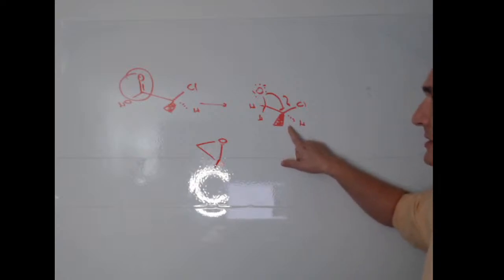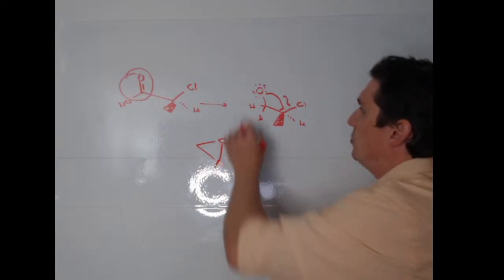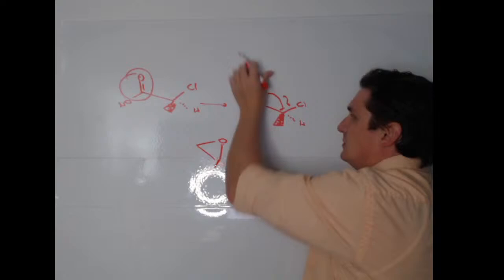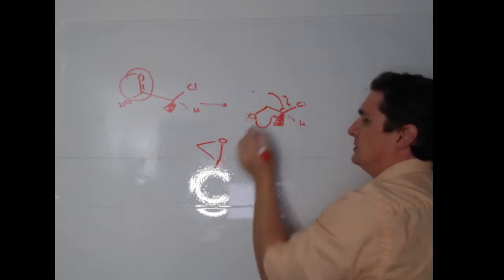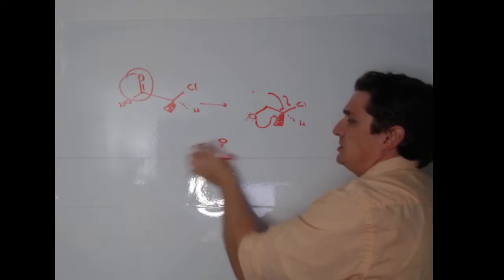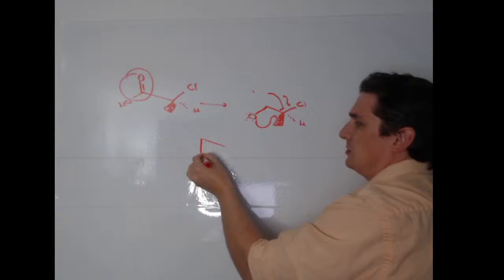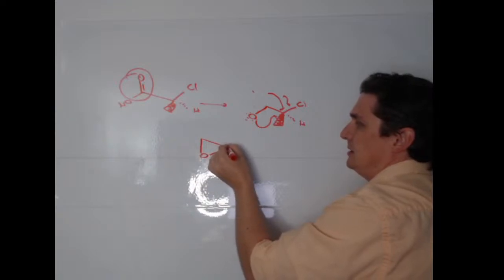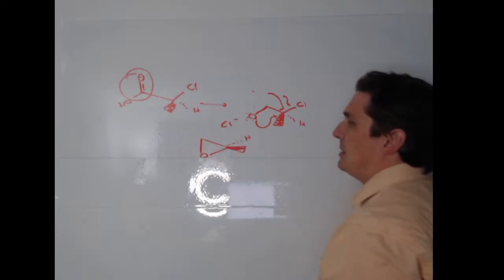This is a chiral center, and since we're doing this under basic conditions, we're going to have an inversion of symmetry. So this alkoxide will turn over, and when you finish reacting the bridging oxygen with the chlorine, you'll see the methyl group come up, the hydrogen up, and the chloride pop off.